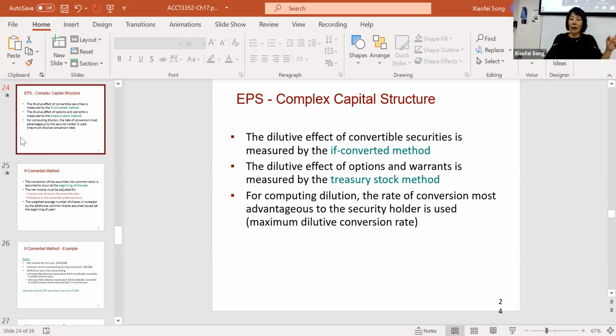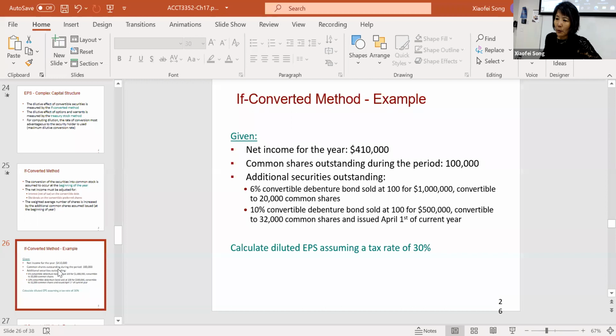That means we want the diluted earnings per share to represent the maximum dilution caused by these potential shares. Okay, maximum dilution. So here is an example of that.